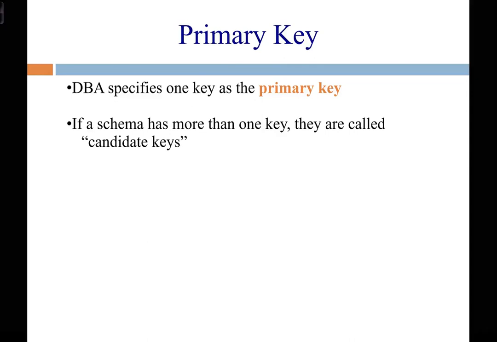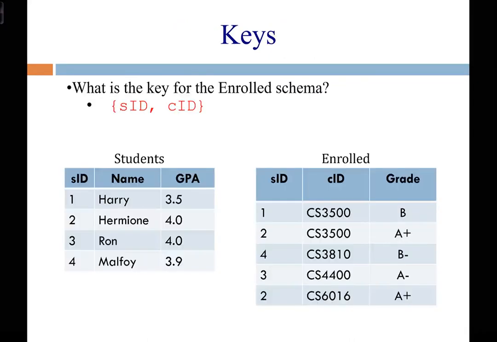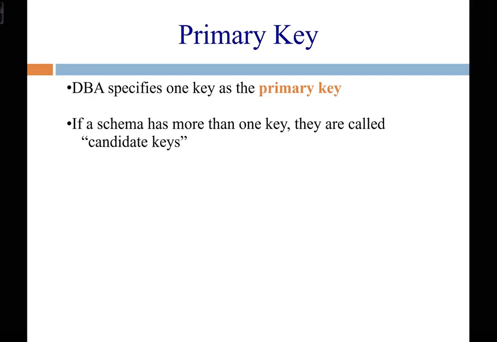There is a situation where you might want two different keys. So far we have not seen that. We've seen a complex key, but this is still just one key, SID plus CID. There are situations where you would want this key plus another key to define the data differently. And those additional keys, well, all keys are called candidate keys, and then one of them becomes the primary key.